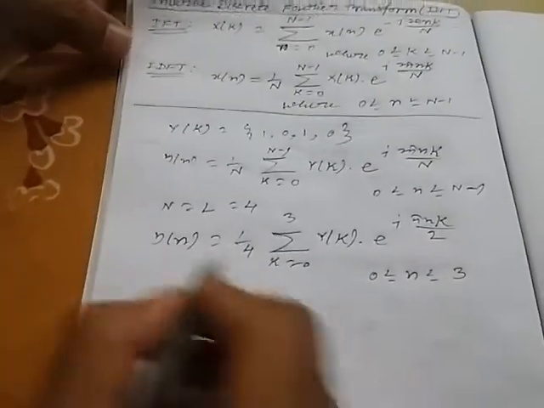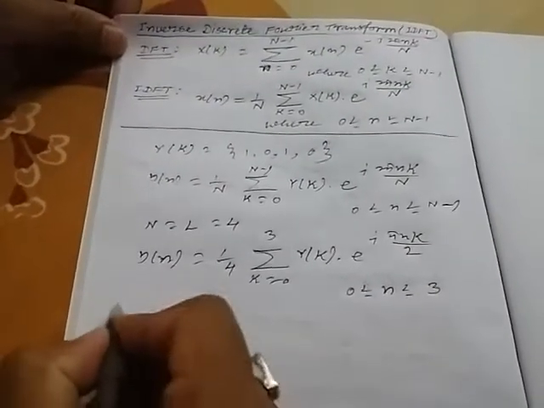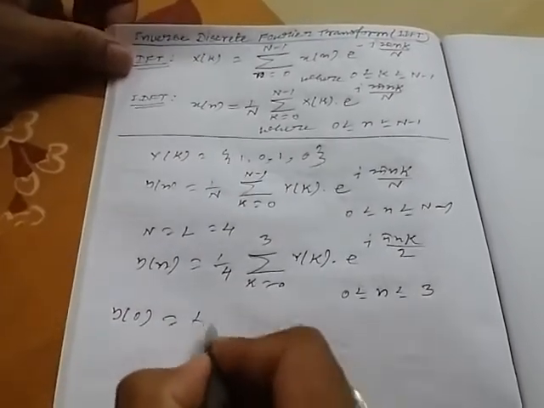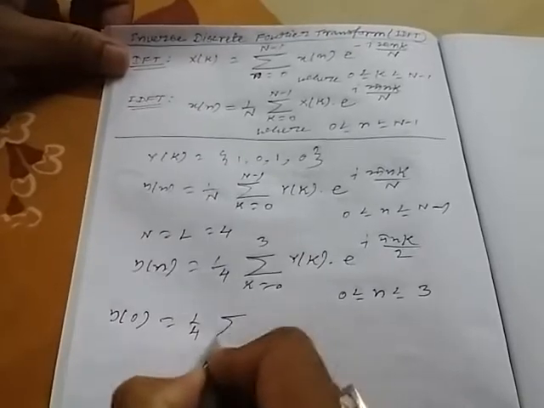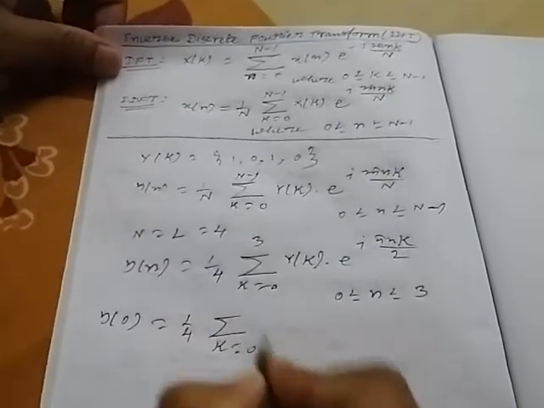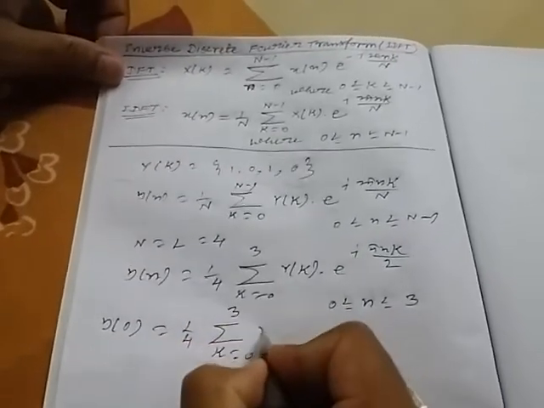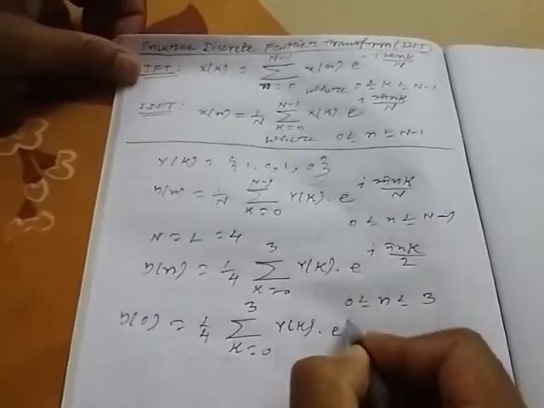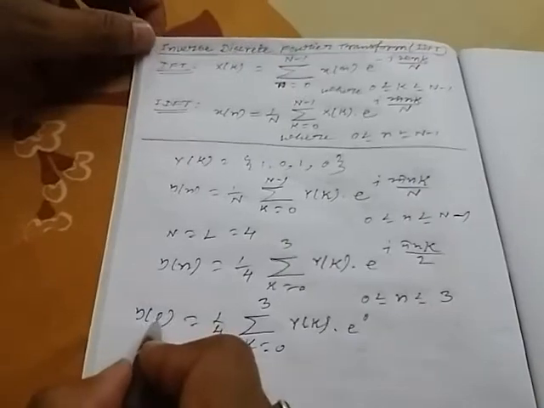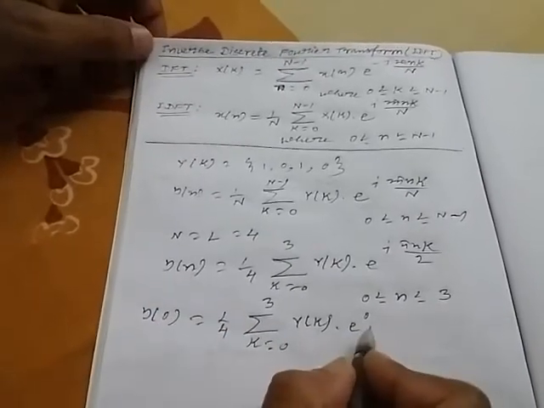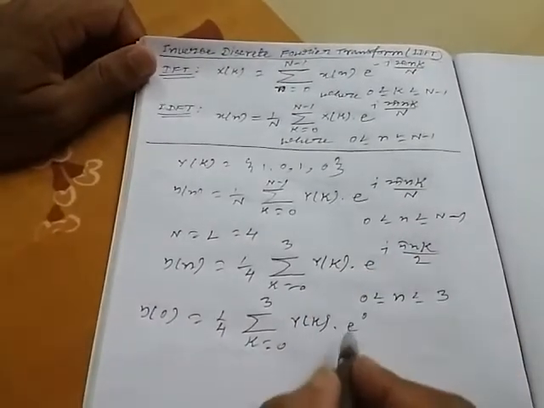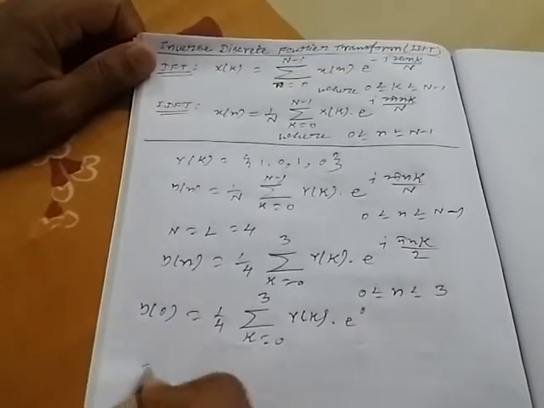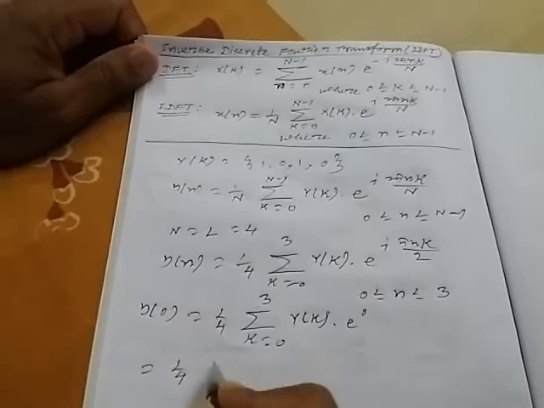So there are 4 values of n, starting from n equal to 0. The first value is y0, which will be 1 by 4 summation of k equal to 0 to 3, Y of k into e to the power 0, because here the value of small n is 0, and e to the power 0 is equal to 1.